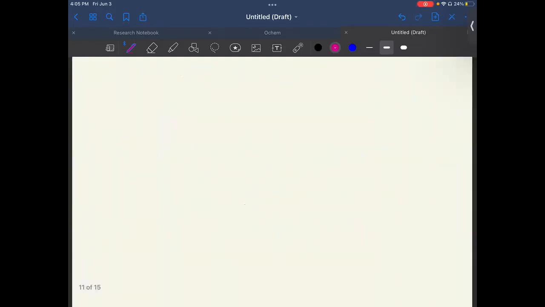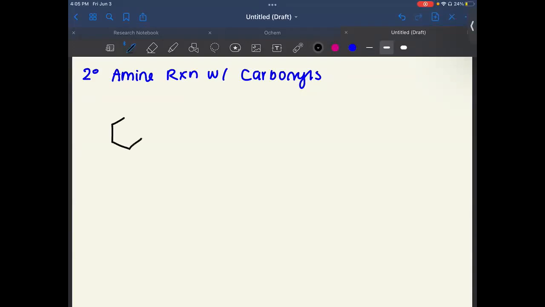And then the next part is going to be talking about a secondary amine reaction with carbonyls. Again, I'm just going to go through the basics. I'm going to make this fast by copying this. There's a hydrogen there. That is a secondary amine.